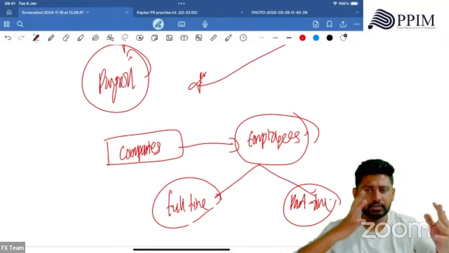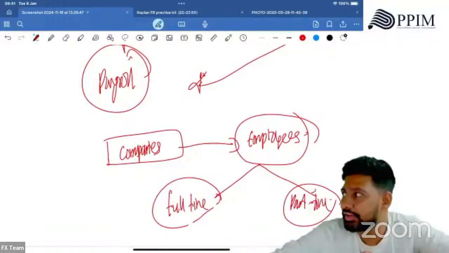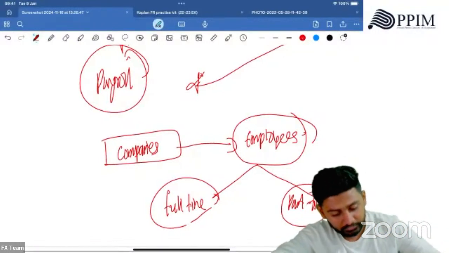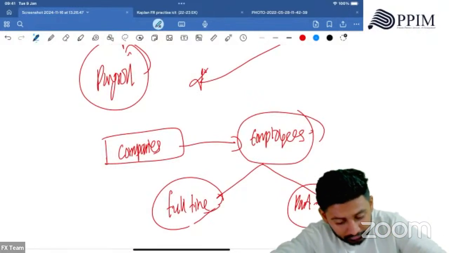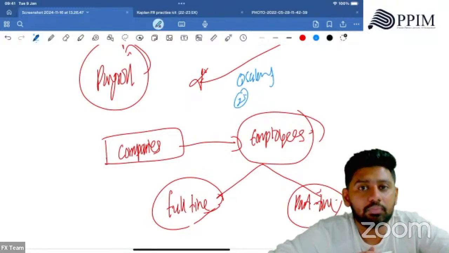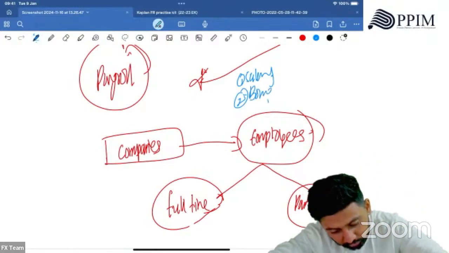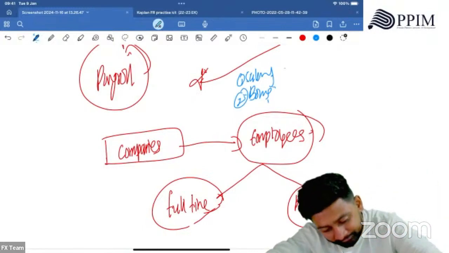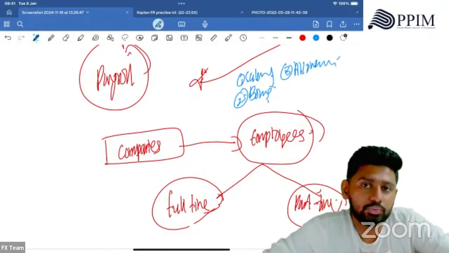The benefits that go to full-time and part-time employees can be different. Employees will be paid, number one, a salary. Number two, you may pay bonuses. You pay a salary, a bonus, some allowances, perks, whatever you want to pay.